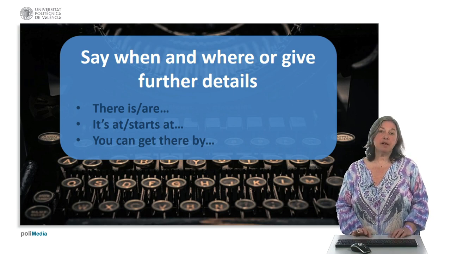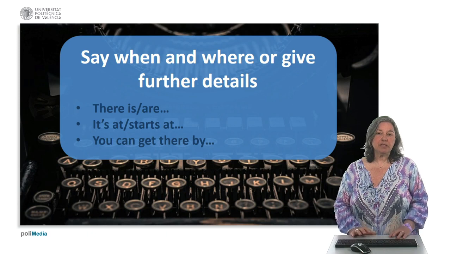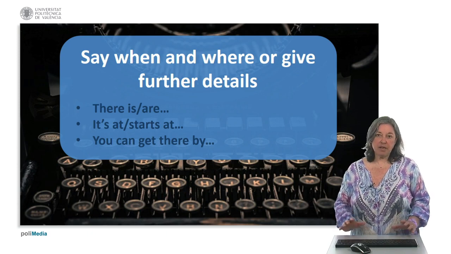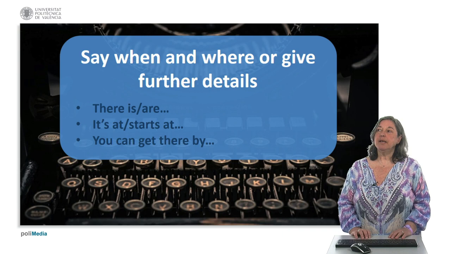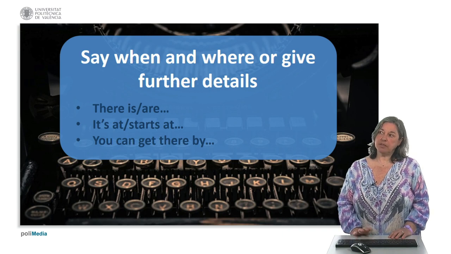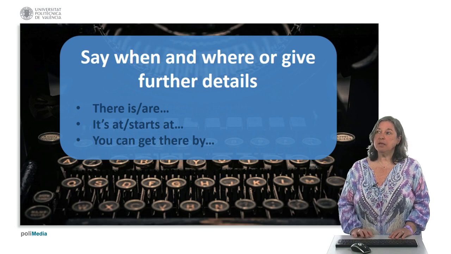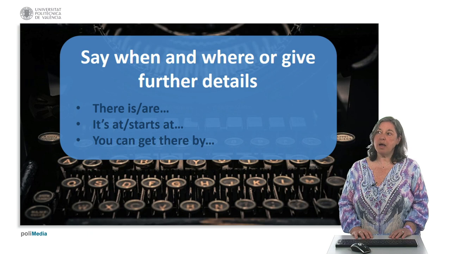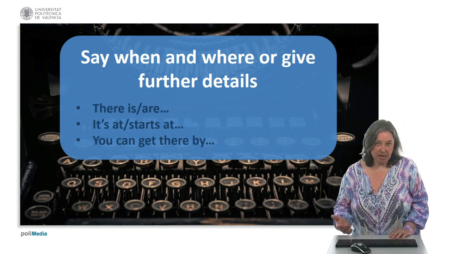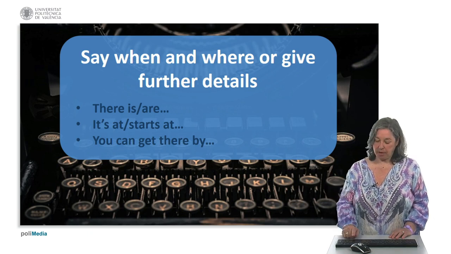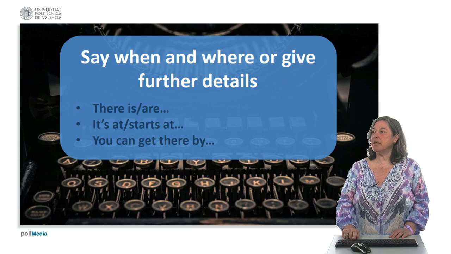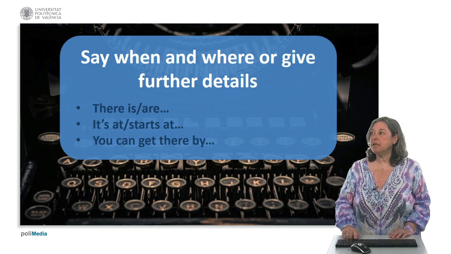So there is, there are, there's going to be an event, there are things that are going to occur. When it starts, we can say it starts at and the time, it's at and the time, or you can get there by whatever time, okay? That's also a way of introducing the time that somebody should be at a particular place.